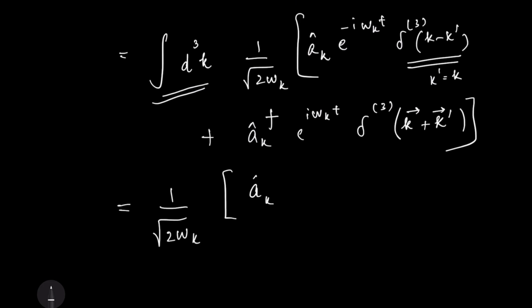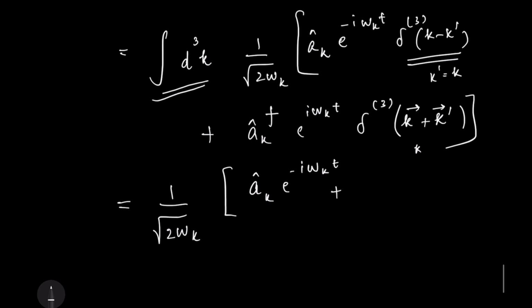So it will be ak e raised to minus i omega kt, and integral of del cube will be 1. Plus, now in the second term k plus k prime must be 0, which means k prime must be equal to minus k. Therefore I write a minus k dagger e raised to i omega kt. Then integral of del cube will be 1.